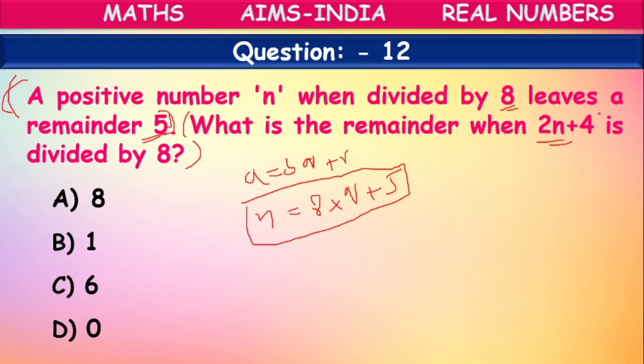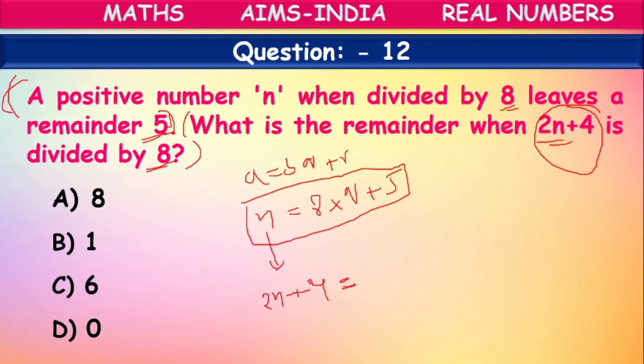Now they are asking what will be the remainder when 2n plus 4 is divided by 8. Now in the place of n we need 2n plus 4, means we have to multiply with 2 and we have to add 4.